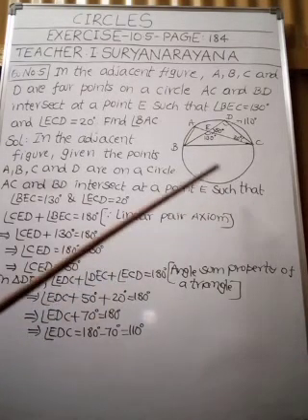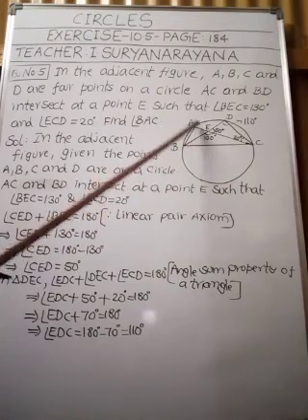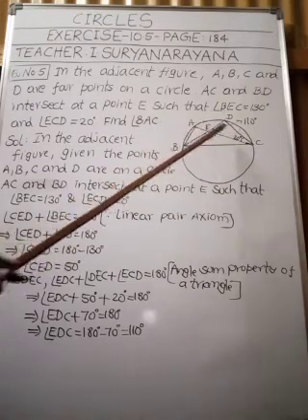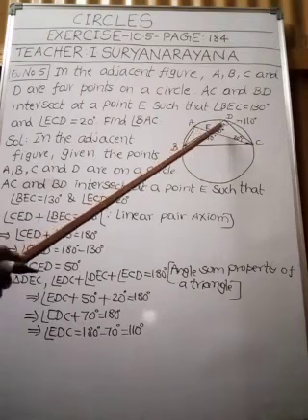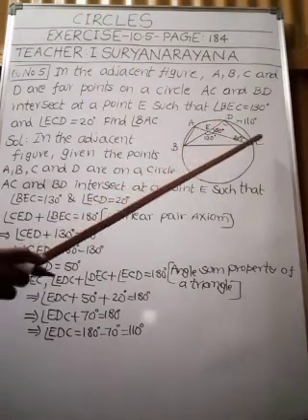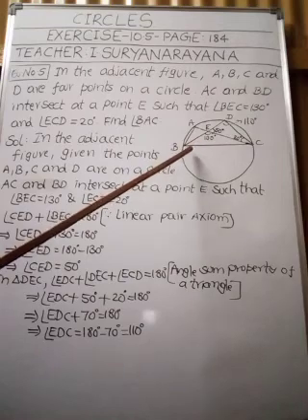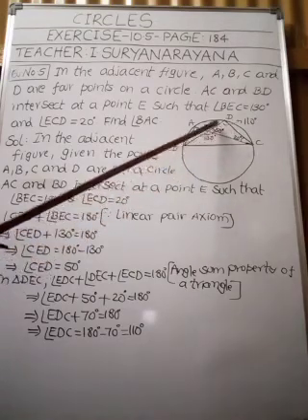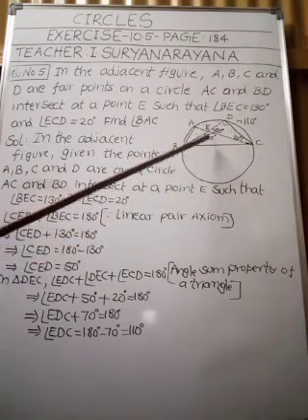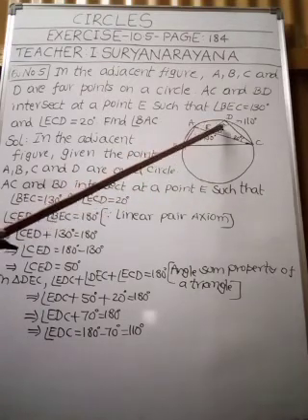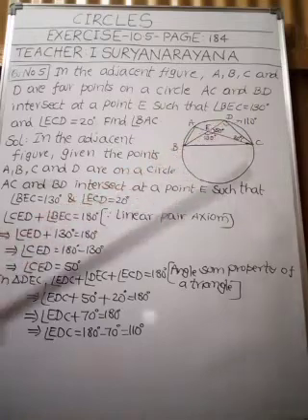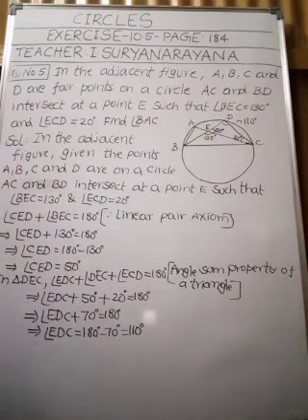Now, if you observe angle BAC and angle BDC, these two angles are in the same segment. Yes, sir, my children. The chord BC is dividing this circle into two segments. This is one segment and down is another segment. So these two angles are said to be angles in the same segment. Yes or no, my children?